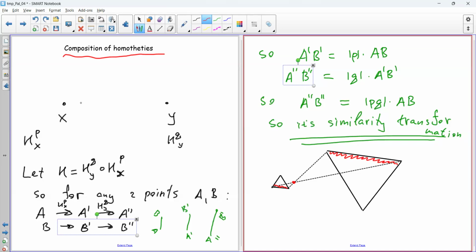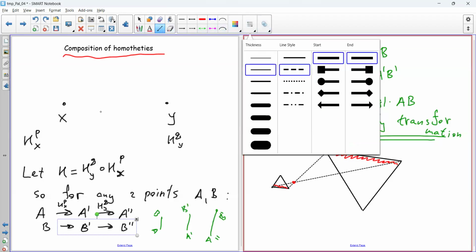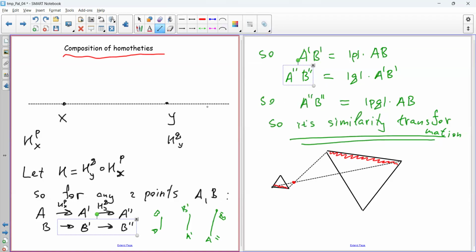And here, speaking of the composition, there is an expected, I would say, attention area where the center may arise. It's more or less intuitively clear that the center of this homothety, if it exists, must lie along this straight line, along this center line.